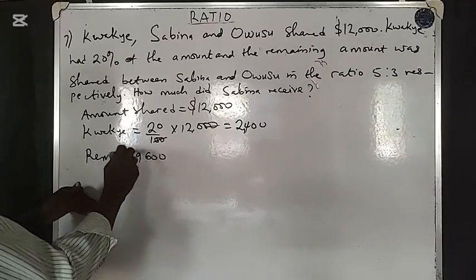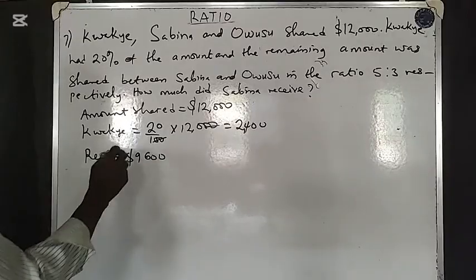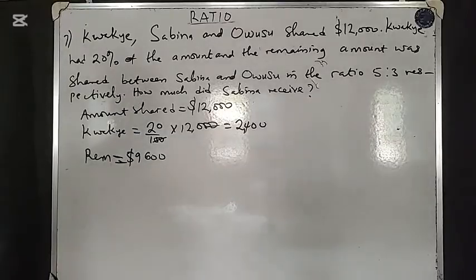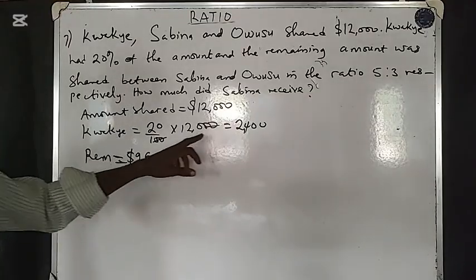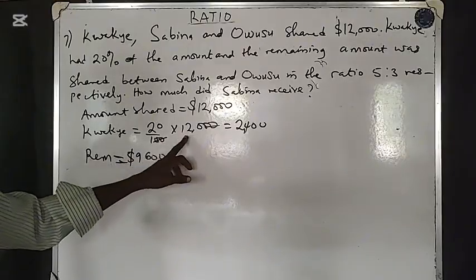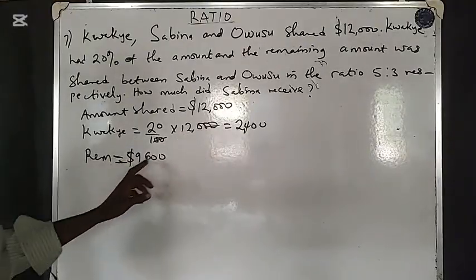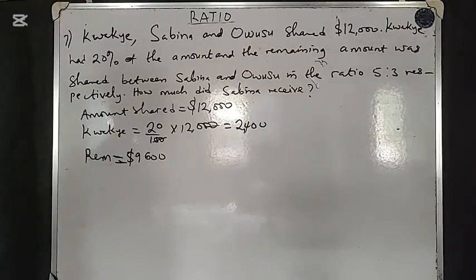Is it not so? Dollars. The remainder is going to be $9,600. So the balance will be 9,600. So they share the remaining amount in the ratio 5 and 3, right?